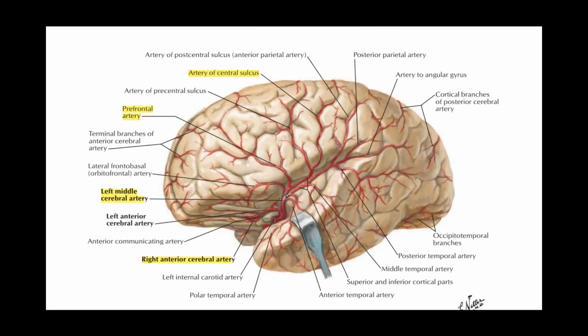Okay, and we can see the middle cerebral artery supplies most of the outer convexity, the lateral surface of the frontal and parietal lobes. Both the frontal lobe and the parietal lobe, the lateral surfaces are largely supplied by the middle cerebral artery. Okay, and also part of the temporal lobe is supplied by this middle cerebral artery.